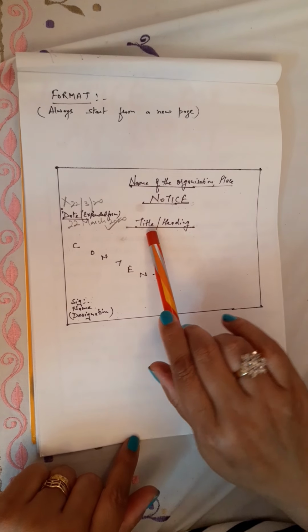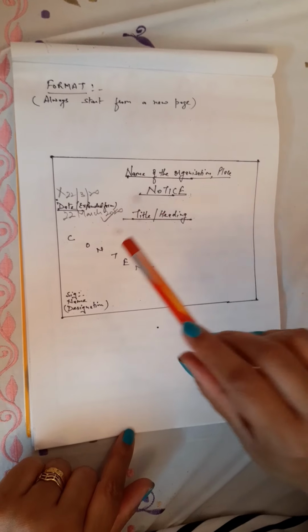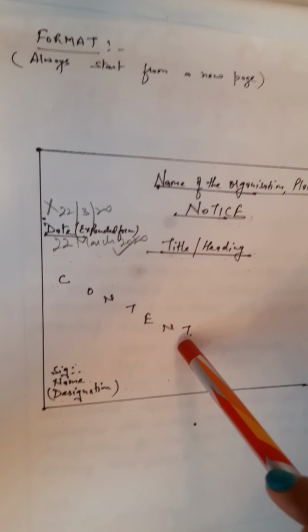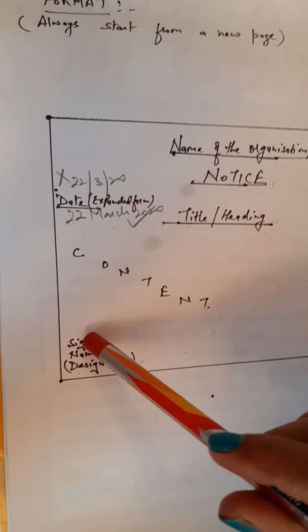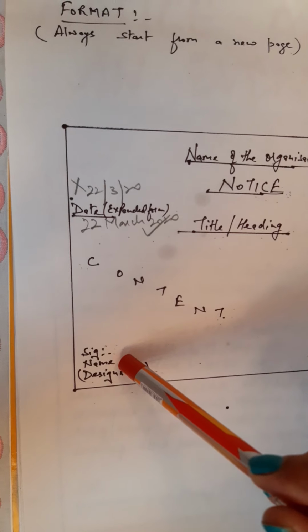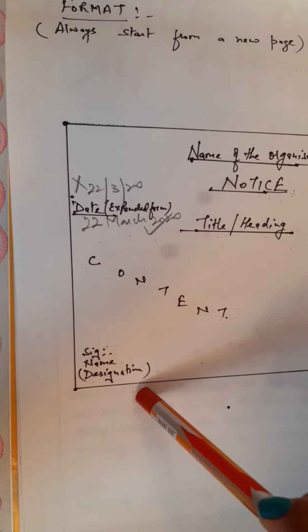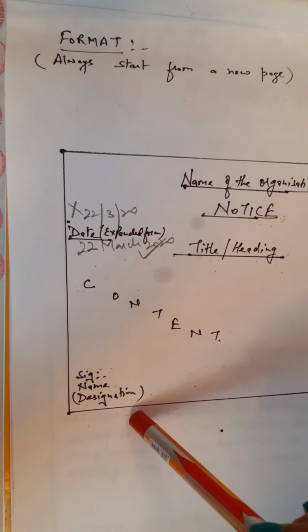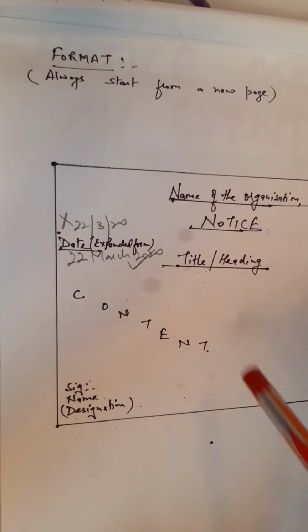Next we have the title or the heading of the notice. Then it is followed by the content part. After writing the entire content, it will be the signature, name of the writing person, and name of his designation.